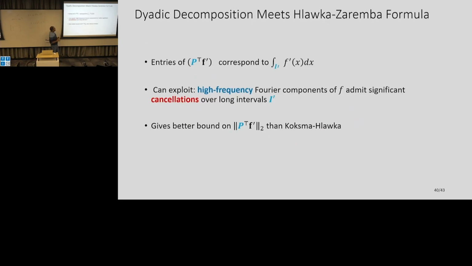And by some Fourier argument, you can show that you get cancellations of high frequency terms. I'm hand waving like crazy here, but in this way the quantity improves, and you get something better than Koksma-Hlawka.